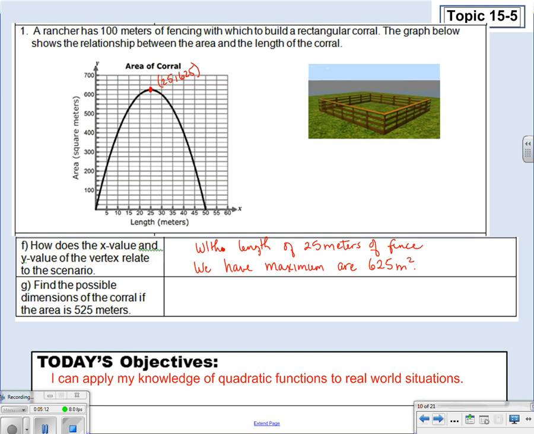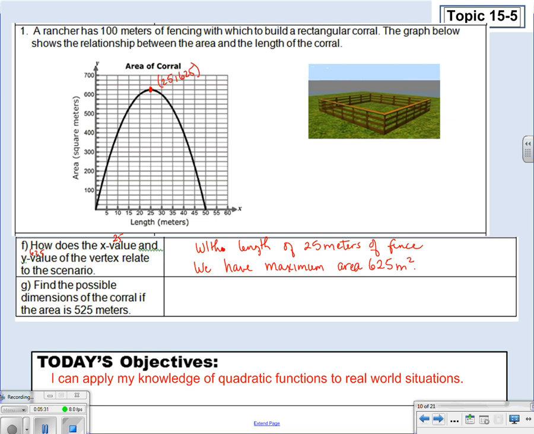So we are relating our x value, which was the 25, to the y value, which is 625, of that vertex. It tells us that with a length of 25 meters of fence, I will have a maximum area of 625 square meters.